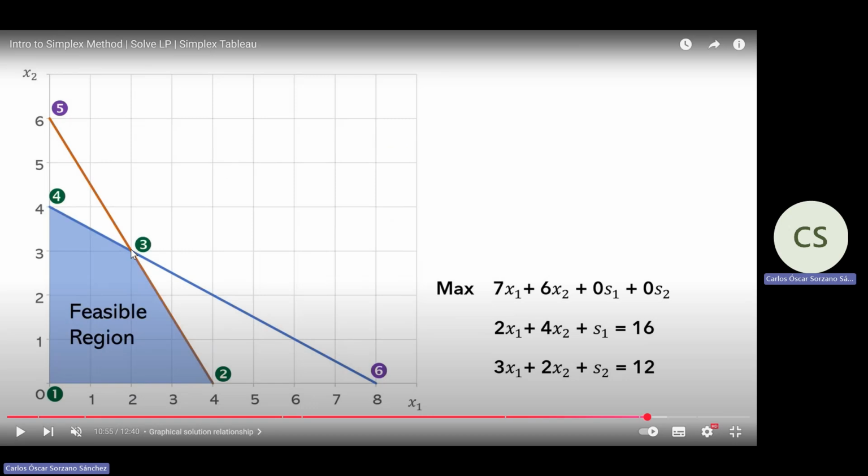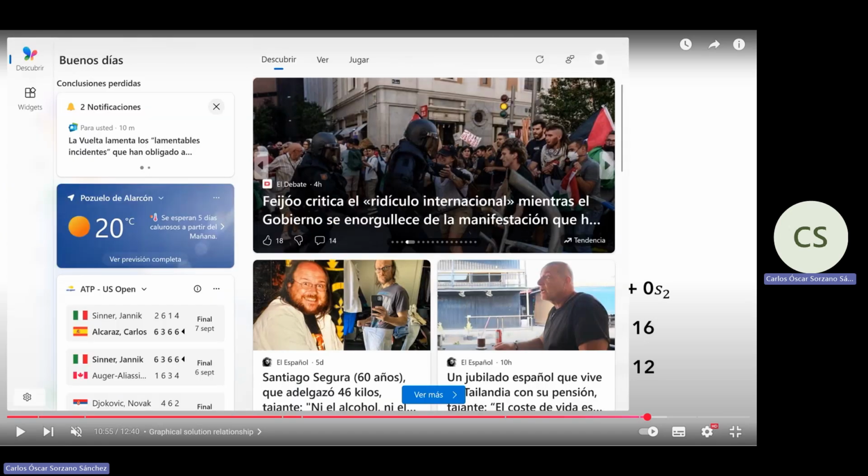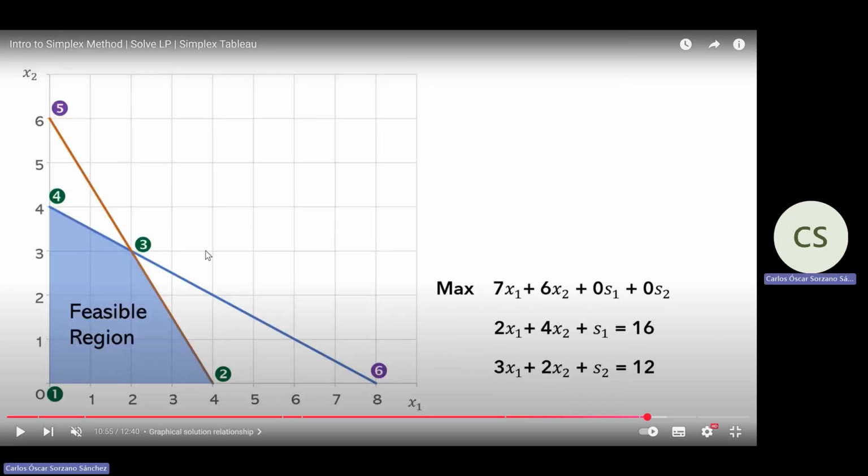And you can imagine that this goal function somehow has a hyperplane that grows in this direction. And then we have reached that corner as the solution of the problem.